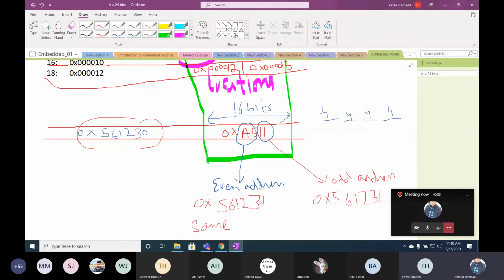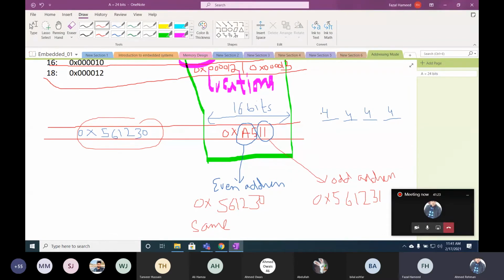If we want to retrieve more data, the power consumption will be more. So if the microprocessor is interested in only one byte, not the complete word, then you have to provide a byte address.